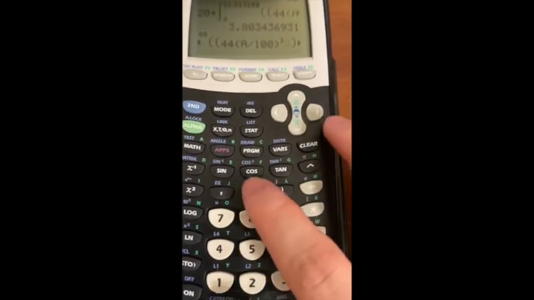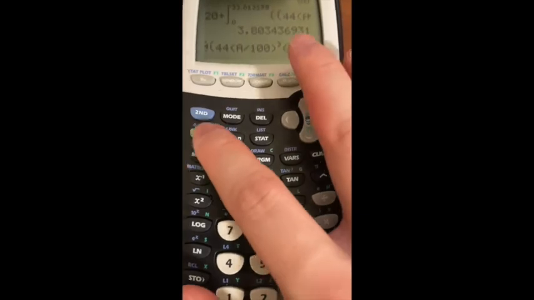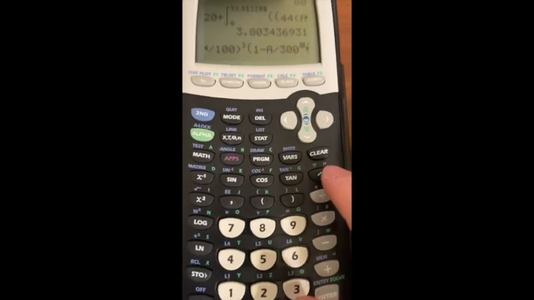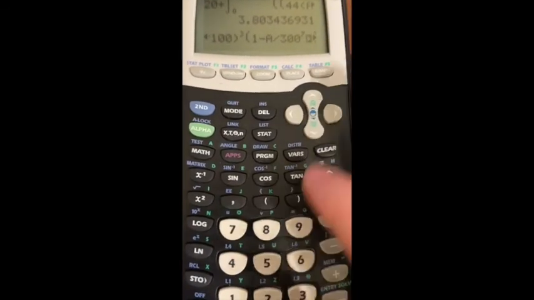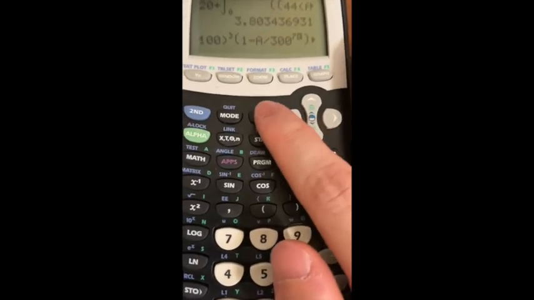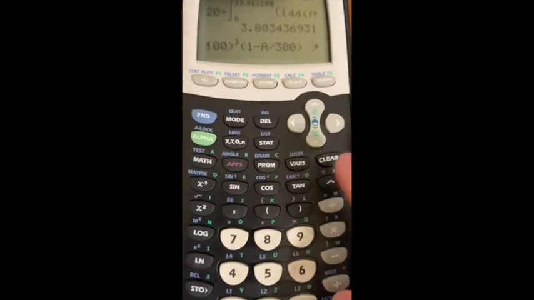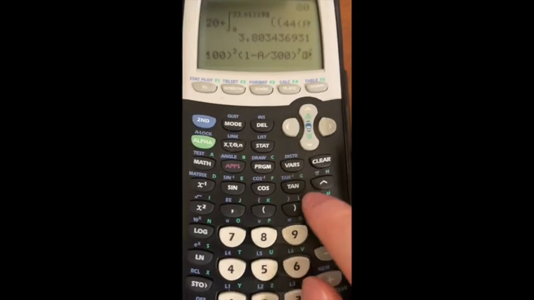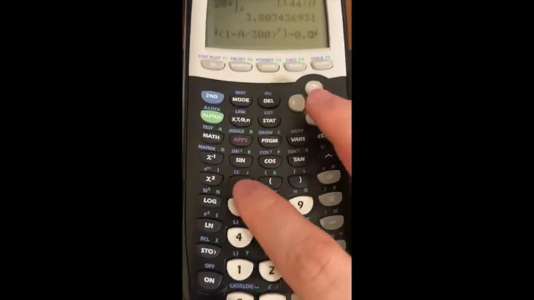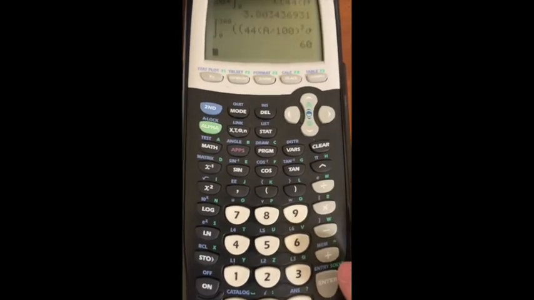To the third power, and then 1 minus a divided by 300 to the 7th power, and then parentheses there, and subtract that by 0.7, and then put d of a, since a is the variable we used, and then we get 60.